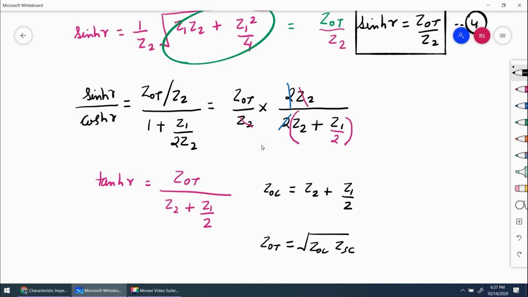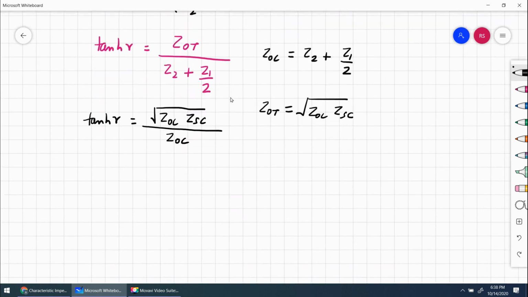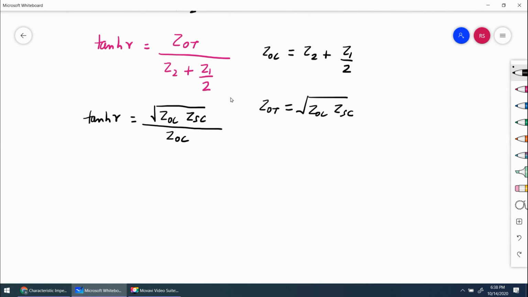Then I can write tan of hyperbolic gamma is equal to square root of ZOC into ZSC whole divided by ZOC. Okay, so I get tan of hyperbolic gamma is equal to square root of ZSC by ZOC.